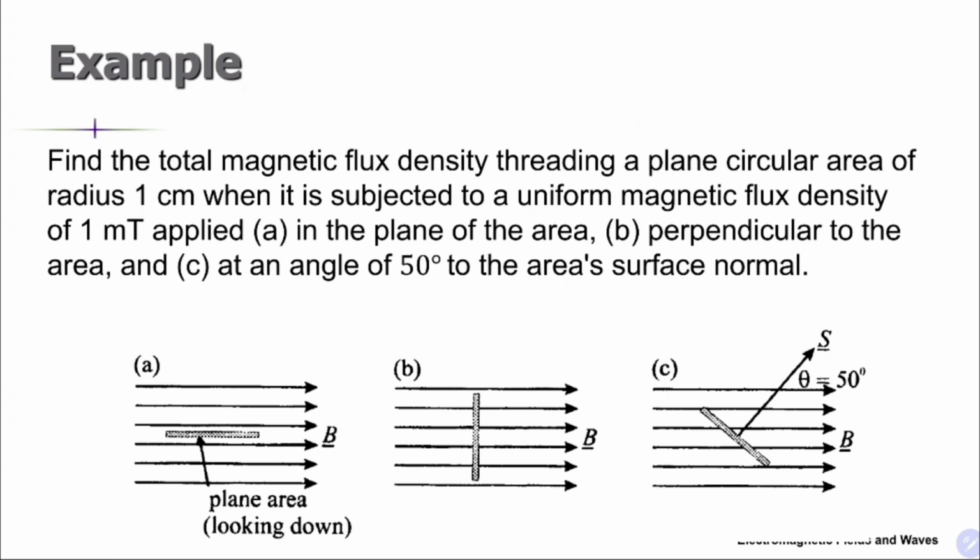An example: find the total magnetic flux cutting a plane circular area of radius 1 centimeter when it is subjected to a uniform magnetic flux density of 1 millitesla applied A, in the plane of the area, B, perpendicular to the area, and C, at an angle of 50 degrees to the area surface normal.